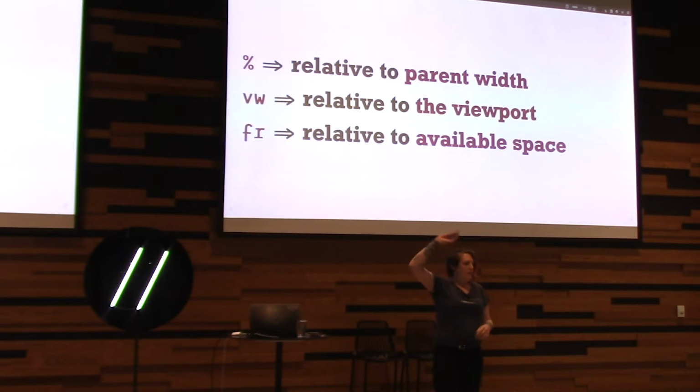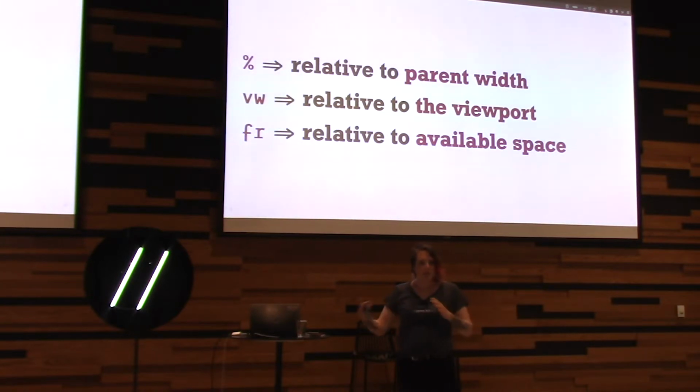If you're ever wondering about these various relative units, percents are relative to parent, width specifically. VW or VH is relative to the viewport. Sometimes those might be the same thing, but sometimes they're different, sort of like ems and rems might be the same thing, might be different.